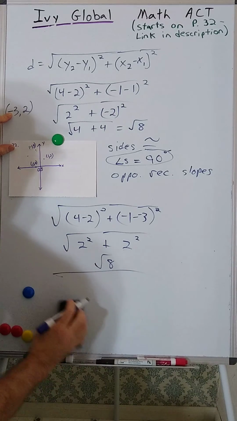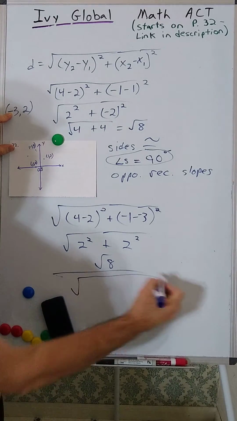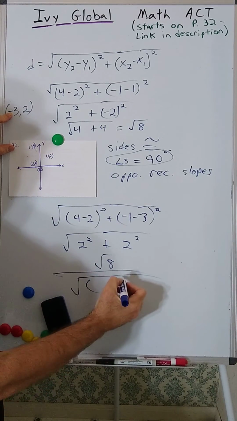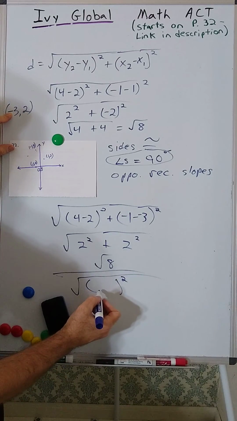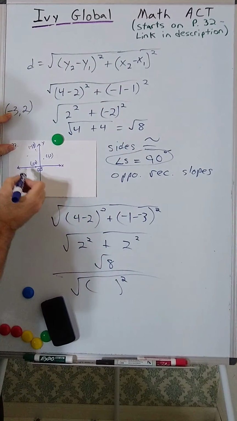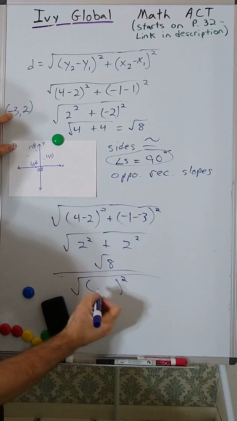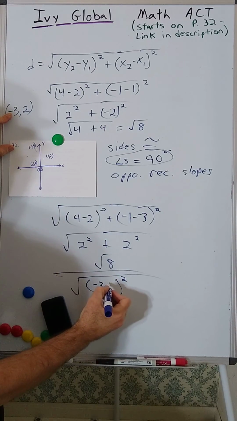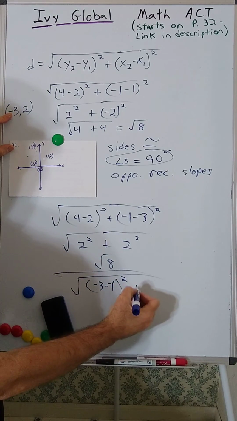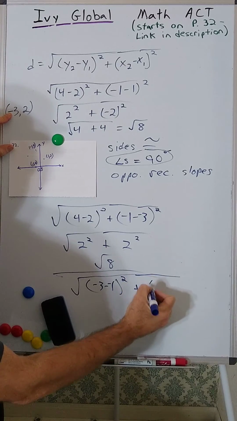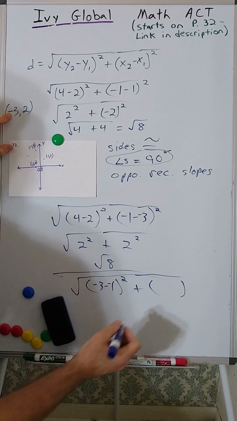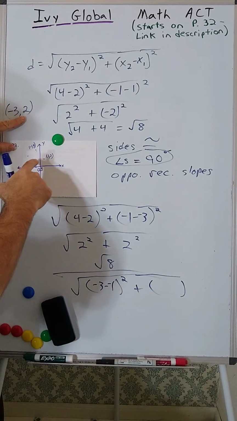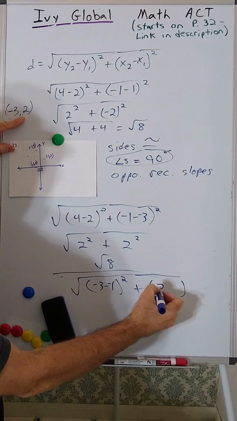So again, we're going to find the difference of the y values and square. So we have negative 3 minus negative 1. And then we add that to the difference of the x values. So we have 2 minus 0.